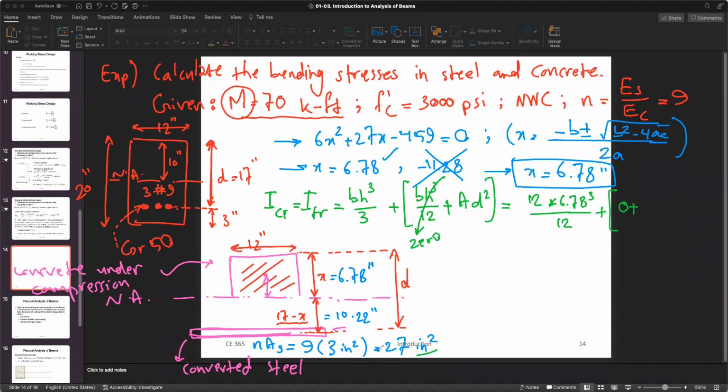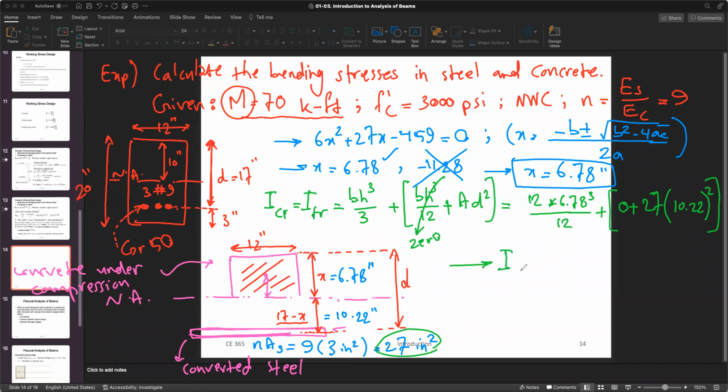It is 27 square inches, multiplied by the distance, 17 minus 6.78, which we found to be 10.22, squared.